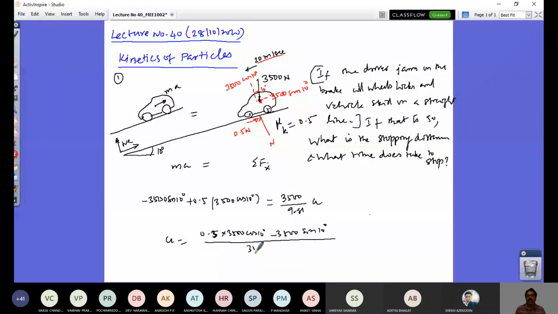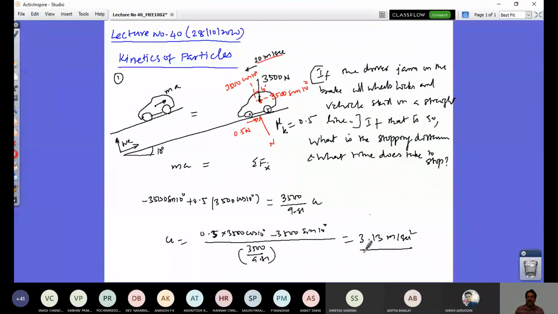So what is the answer that you get? So it's cos 10 minus sin 10. So I'll have here this value equals to 3.13 meter per second square.